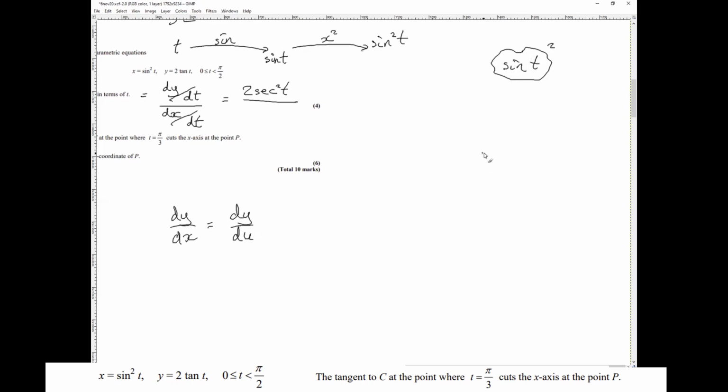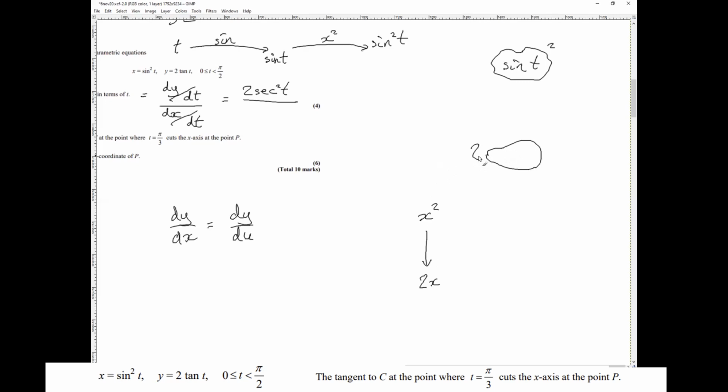And blob squared will differentiate to what in terms of blob? Well, what's x squared differentiated with respect to x? It would be 2x. So blob squared is 2 blob.